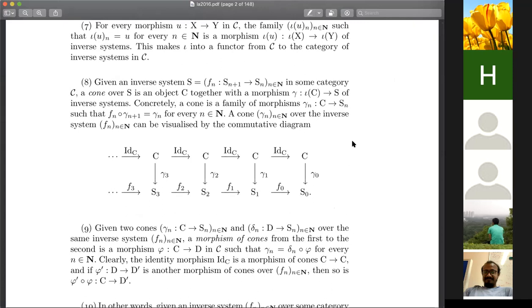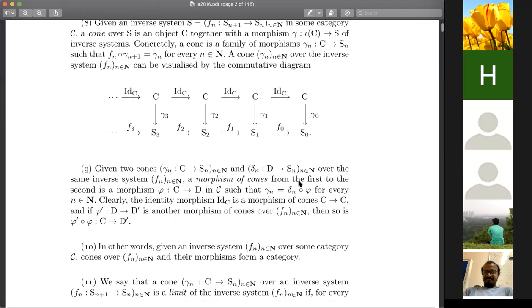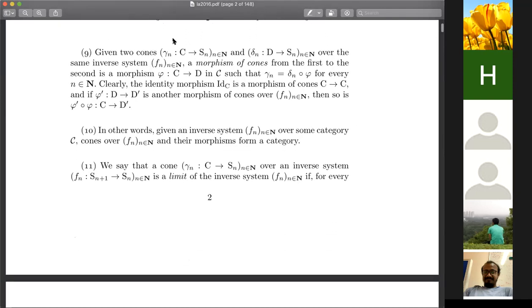This might sound somewhat abstract, but actually it isn't. You'll see a cone is a very simple kind of object. It's the same object repeated all the time with identity maps, except that you are given these maps to your S's. Now, suppose you have two cones over the same inverse system.